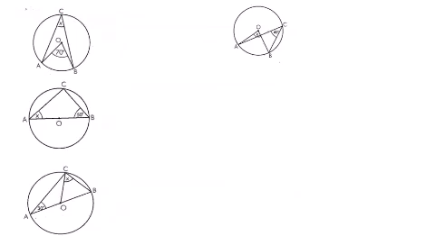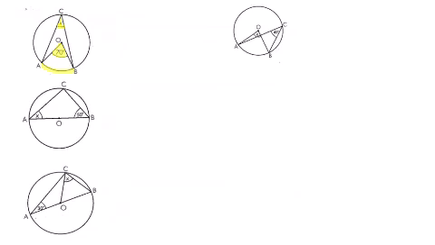Okay, so the first one, if you look at this diagram, you'll see this is the arc AB and this is subtending angle AOB and angle ACB. So this one is at the circumference, this is the thin one, and this one is at the center, this is the fat one, right? So this arc AB is subtending two angles.